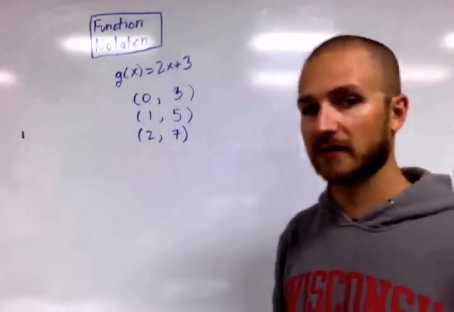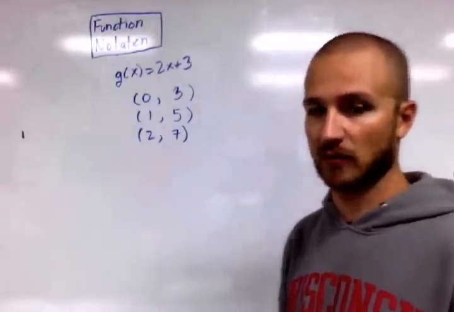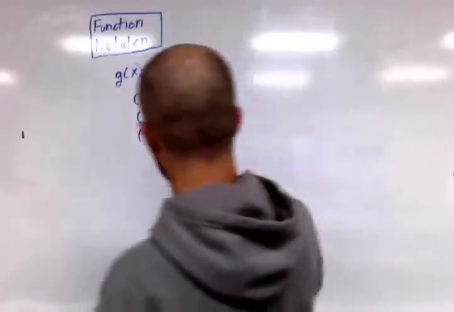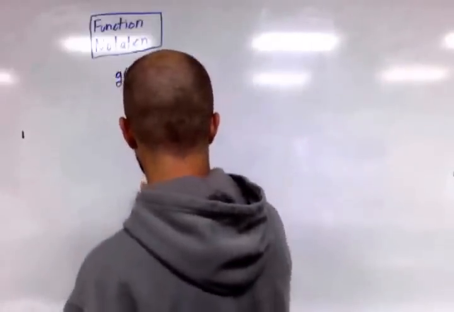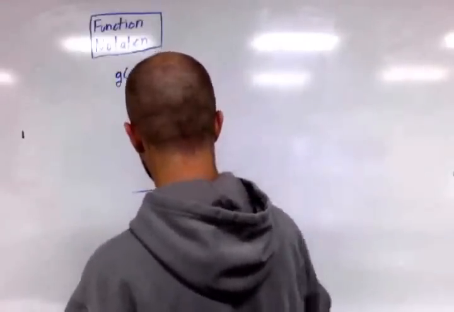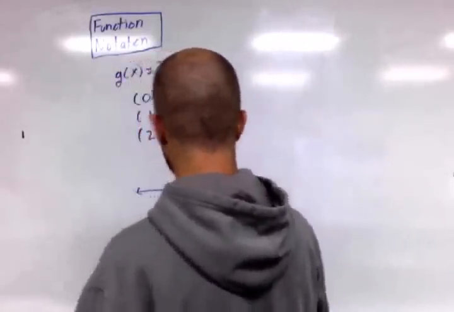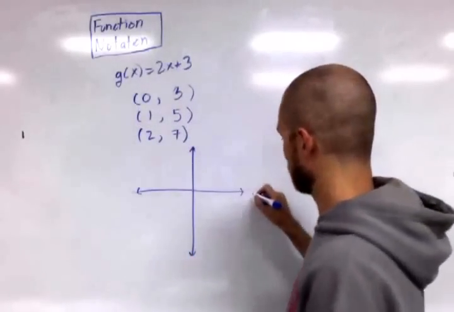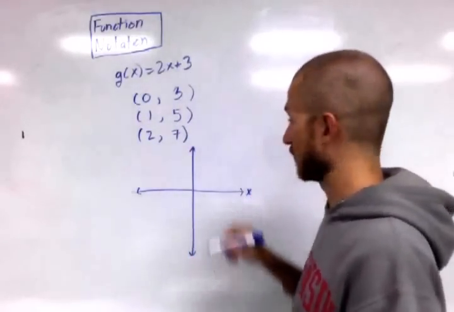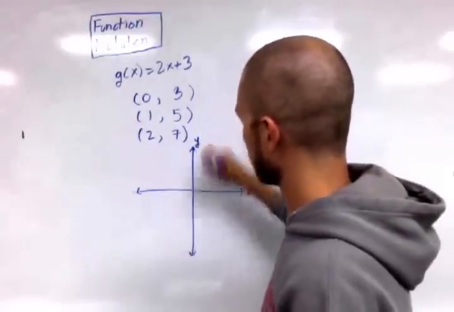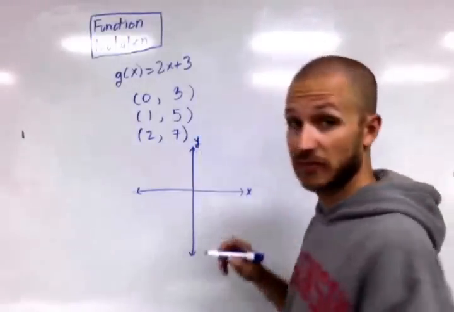And if I have points, well, it's pretty easy to turn those into the graph. So I set up some axes. X is the horizontal, Y is the vertical. I'm going to add some tick marks here.